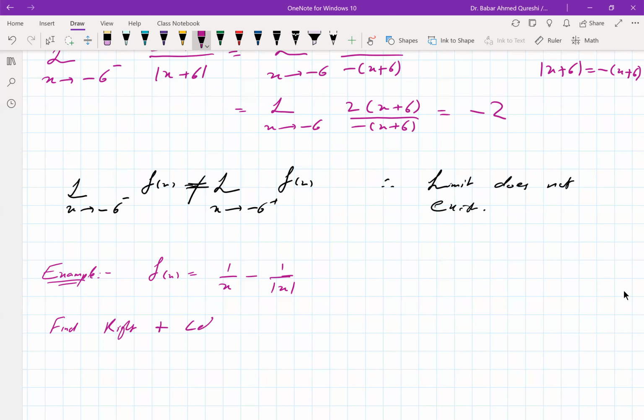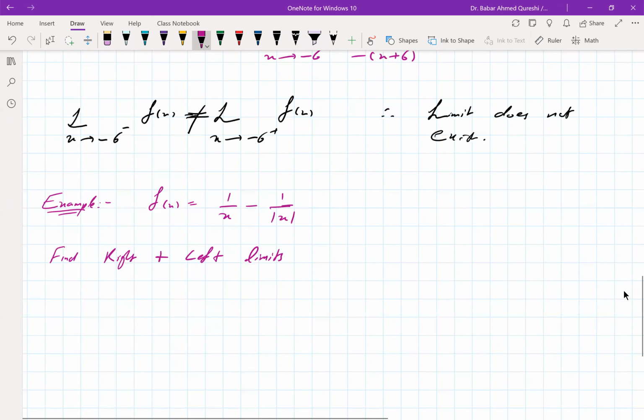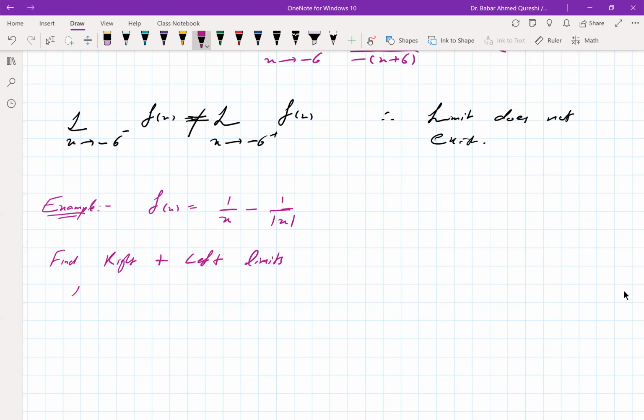Right and left limits. So when I do that, for example, if I start with the right hand limit, well, let me start with the left hand. 0 plus.